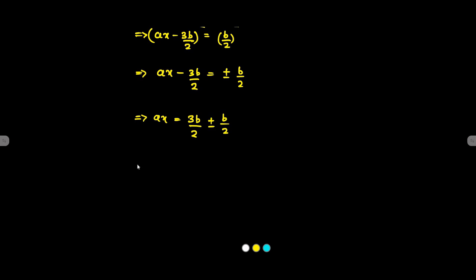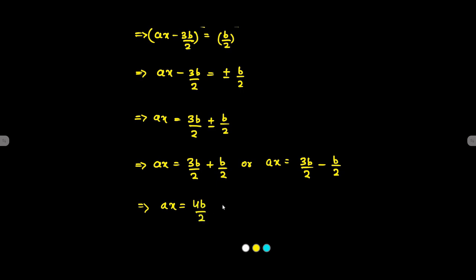That implies ax is equal to 3b by 2 plus b by 2, or ax is equal to 3b by 2 minus b by 2. That implies ax is equal to 4b by 2, which is equal to 2b.